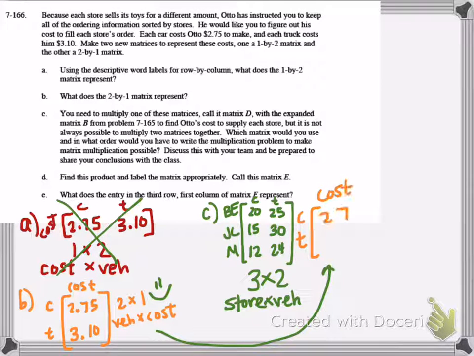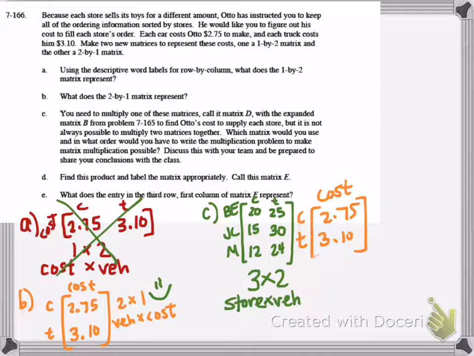In order to make this multiplication possible, I have to put that matrix, which we're going to call matrix D, on the right side of matrix B, and I'm going to multiply it in together. Noticing that the cars and trucks are on the top here and the rows here. And so those two dimensions not only have the same number, but they also have the same labels.